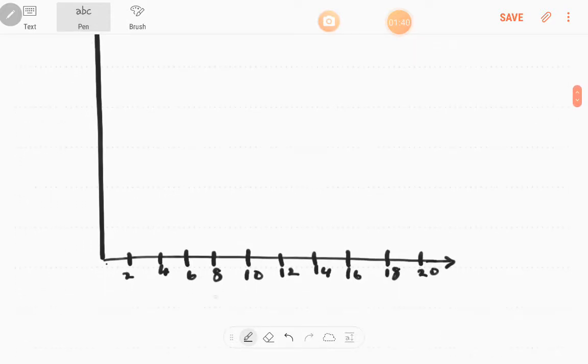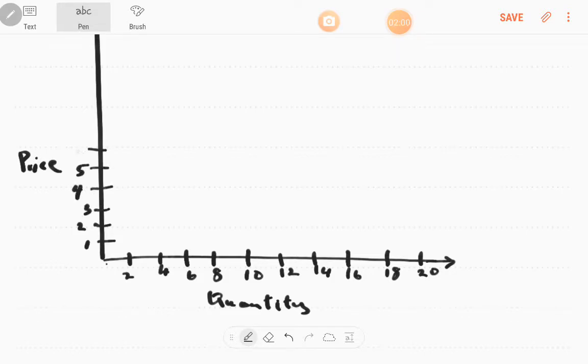Okay, so this is quantity down here. And over here is price. So we have one.